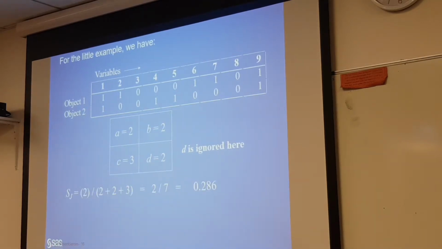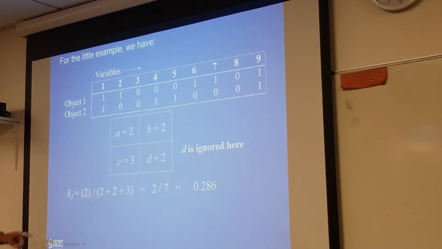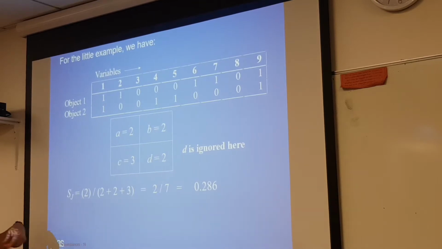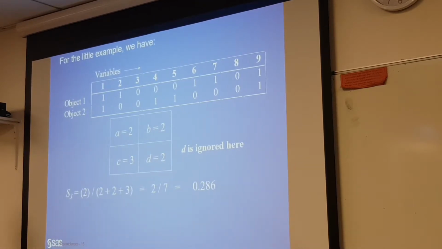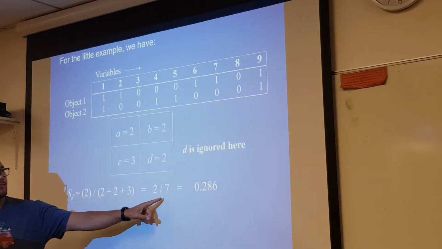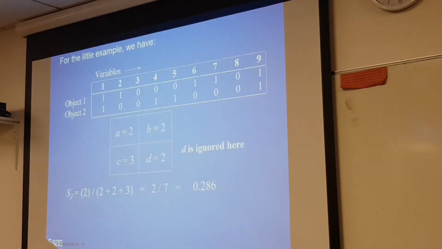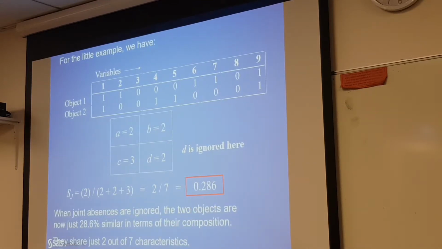So S sub j is going to be the similarity according to Jaccard's similarity. S sub j is 2 divided by 7, 0.286. So if we're ignoring joint absences, these two objects are just 28.6% similar.